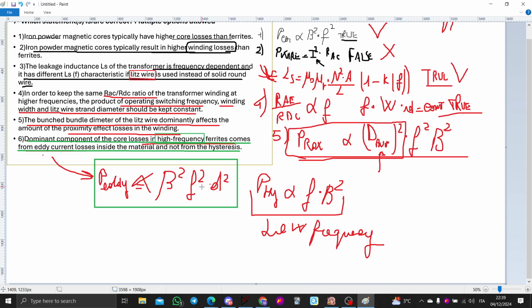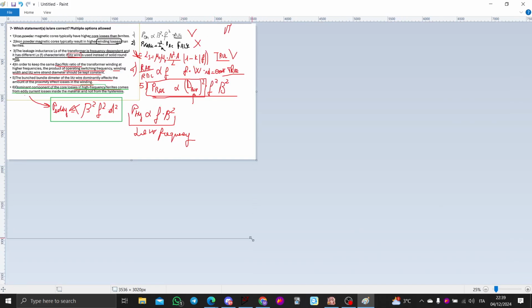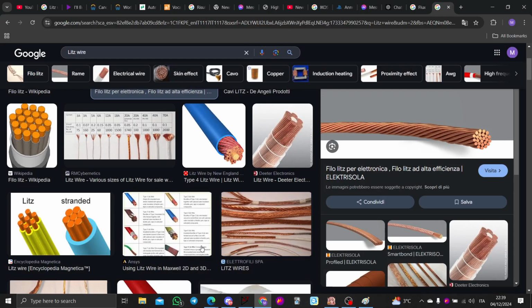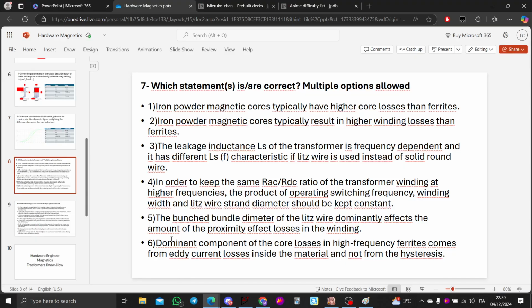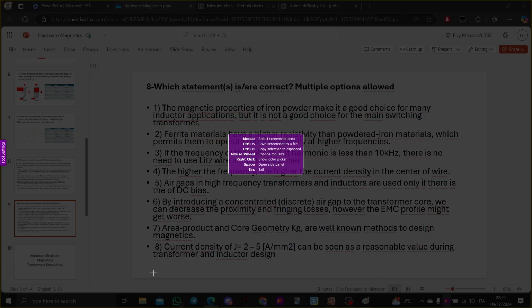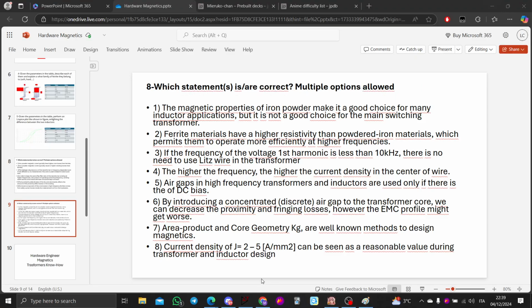So I think that also this is true. Then we have also number 8, which statements are correct, multiple answers are allowed. So let's take all of this and go to the next.